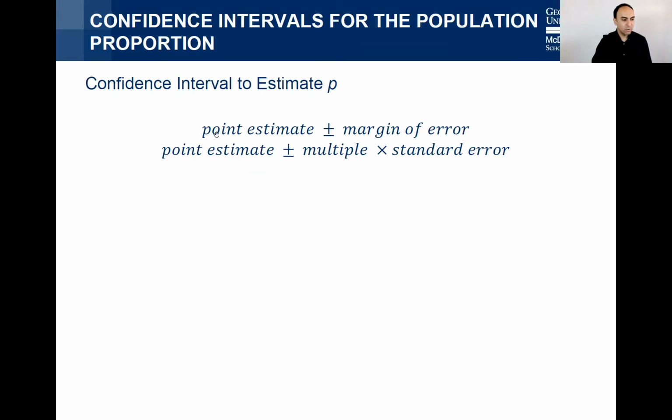Again, it's going to be a point estimate plus and minus a margin of error. In other words, a point estimate plus and minus a multiplier, or a critical value, times the standard deviation divided by n in a slightly different form. So generally speaking, it has a similar format.